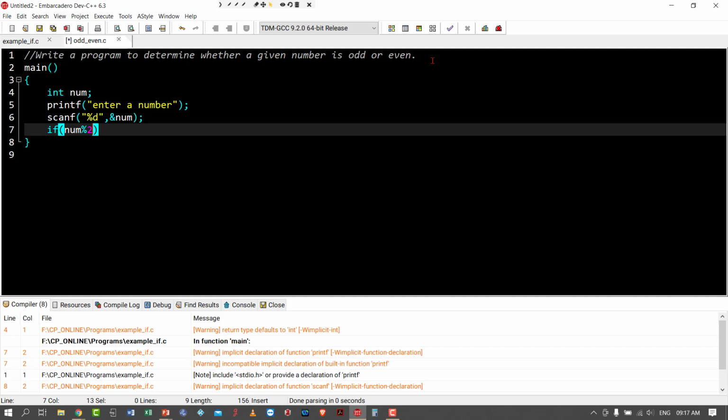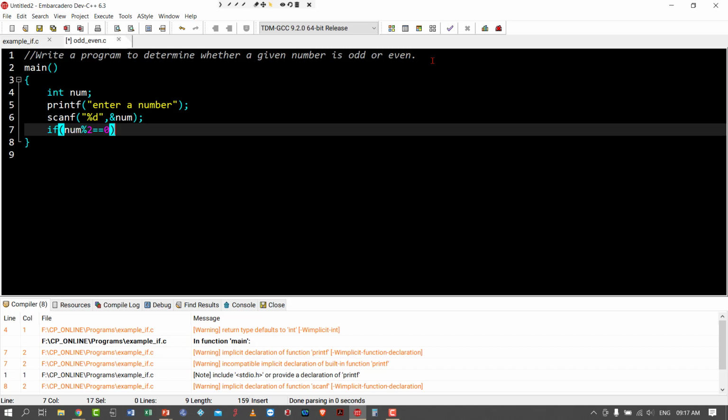Ankur Jaiswal. Yes, sir. Which relational operator will I use here to check whether that number is equal to 0? Equal to, sir. Now how many equal signs will be there? 2. Two equal signs. Okay, very good.